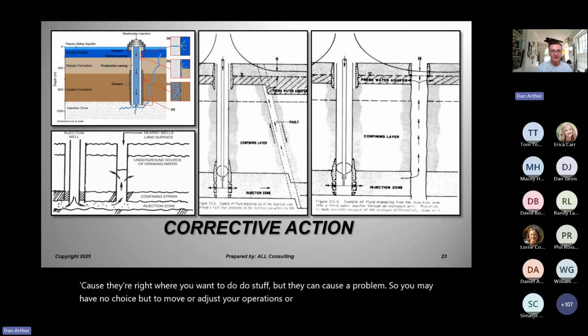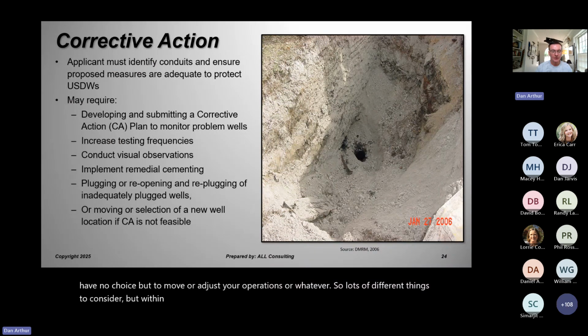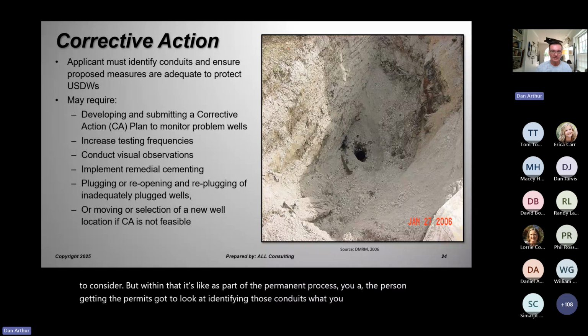So lots of different things to consider, but within that, as part of the permitting process, the person getting the permits has to look at identifying those conduits. Is there corrective action that needs to be done?